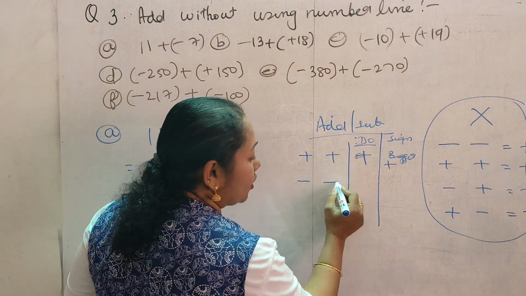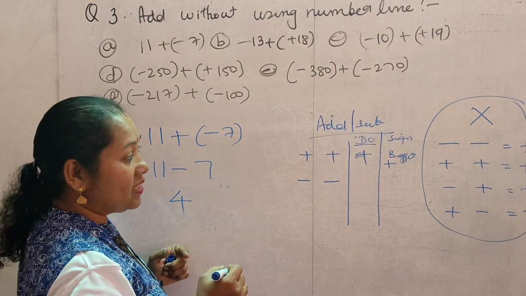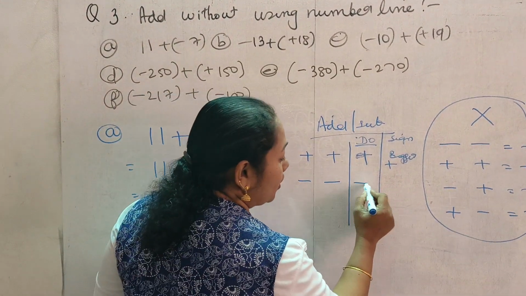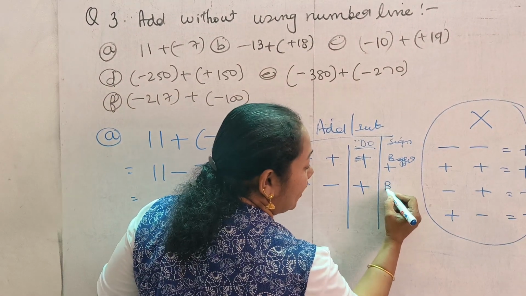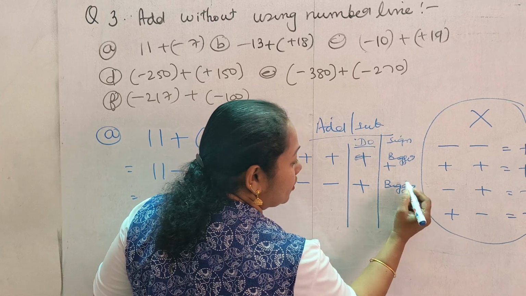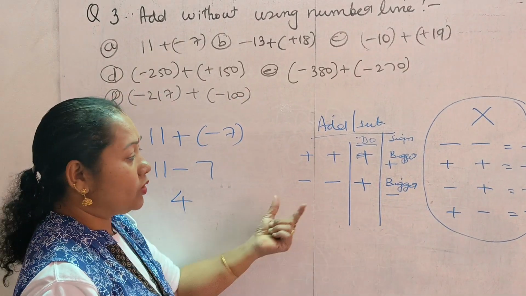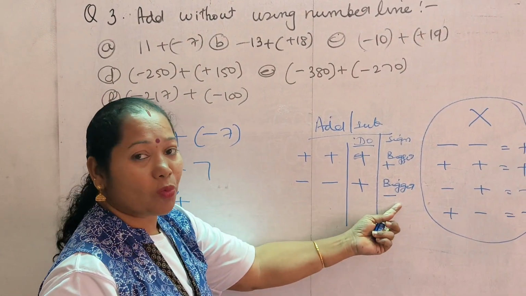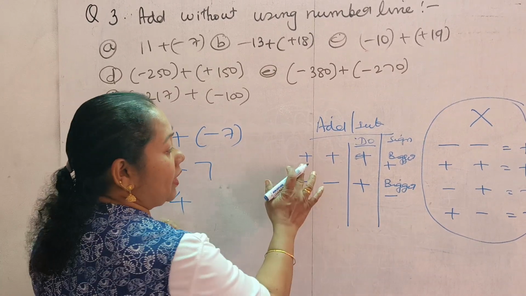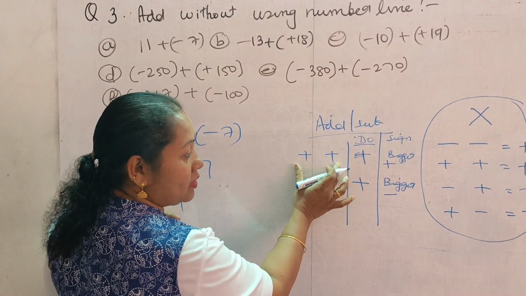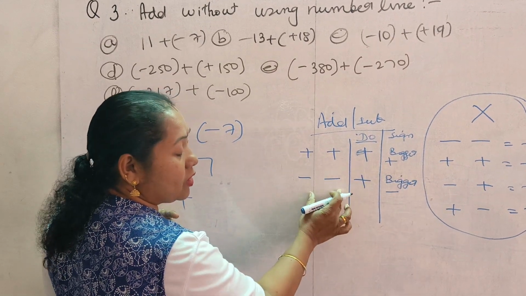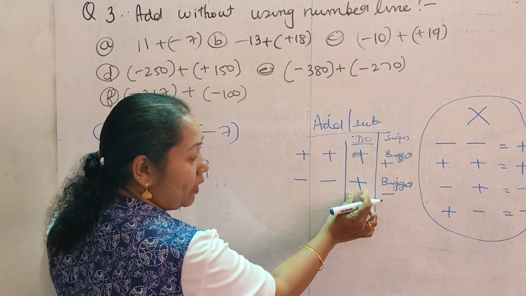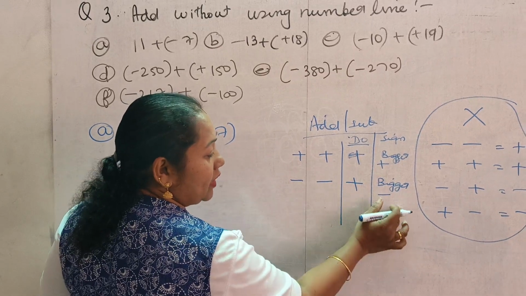If both the numbers are negative, again we will do addition only, but the sign will be that of the bigger one. Here both are the same, so minus will be there. If both the numbers are plus, then we will do plus and the sign will be plus. If both the numbers are of minus sign, we will do plus but the sign will be minus.